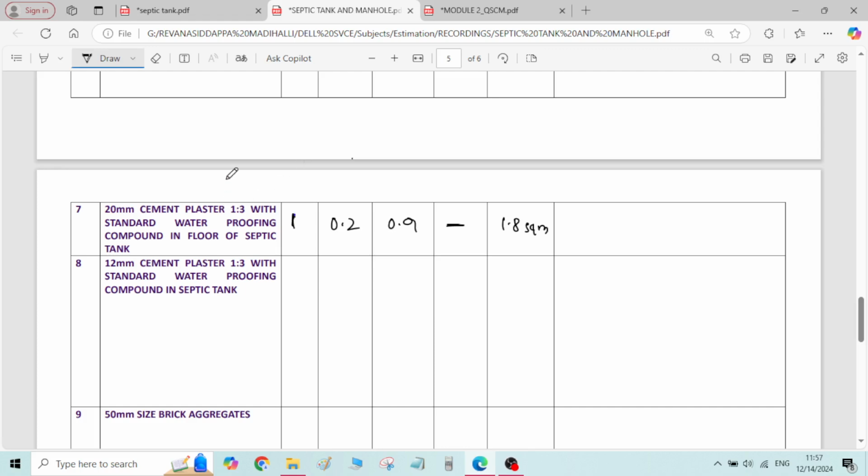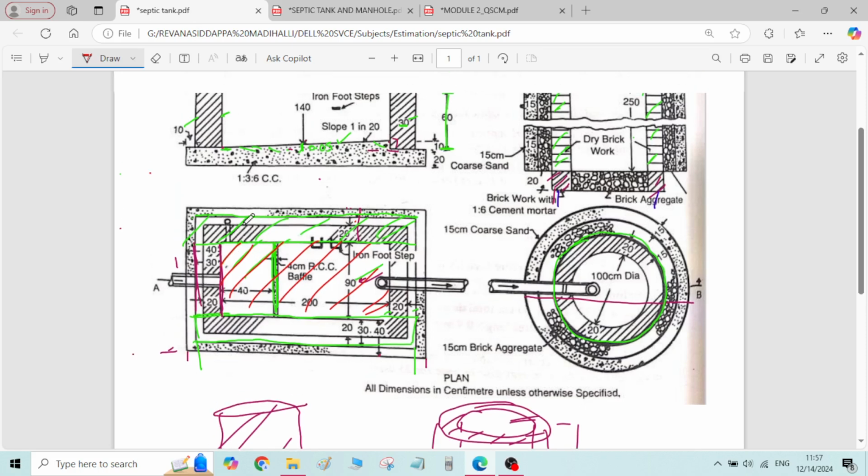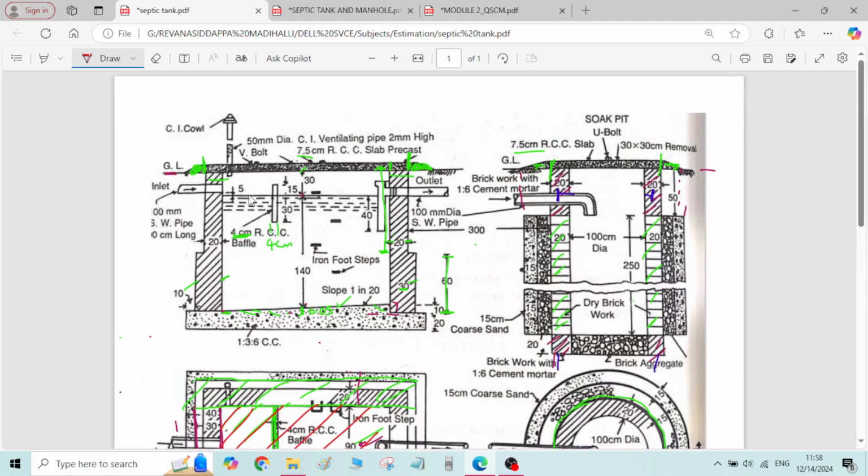Then 12 mm cement plaster with standard waterproofing compound in septic tank inside of the walls. Okay, these walls at this portion.